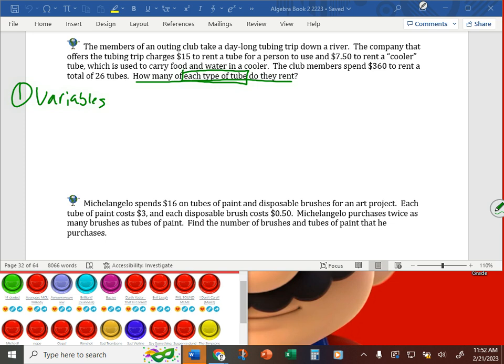You're close, Jay, but it's not the number of tubes total for one variable, it's each type of tube. So we'll use P for a person tube, and C for a cooler tube. Both are types of tubes. One's just big enough for a person, the other one is small enough for a cooler.